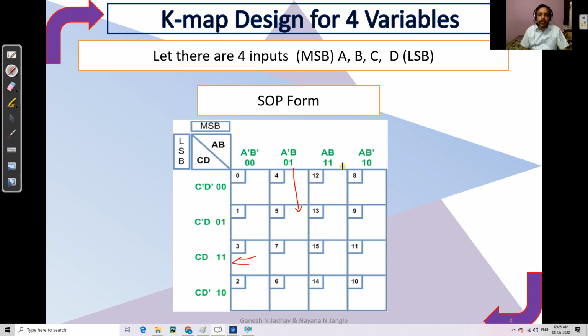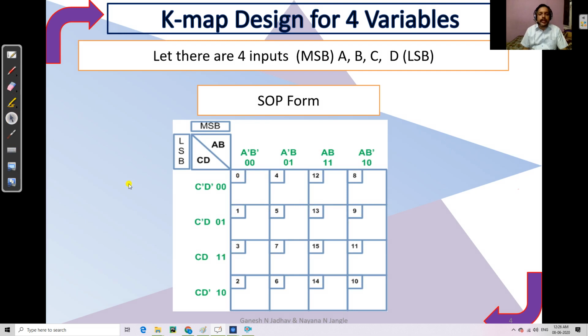Similarly 1100 means 12, 1101 means 13, 1111 means 15, and 1110 means 14. Similarly 10 and so on. So see the numbering: 0 1 2 3 4 5 6 7 8 9 10 11 12 13 14 15. This is useful information to write down the 4 input K-map.